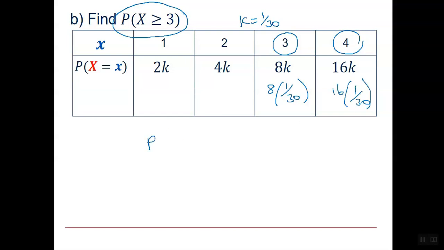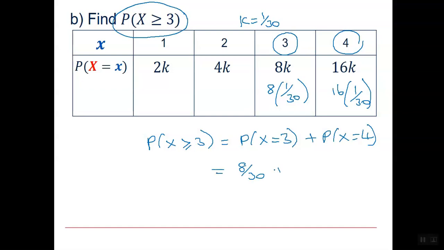In order to find the probability that x is greater than or equal to 3, we would need to add together the probability that x is 3 and the probability that x is 4, which would be 8 over 30 plus 16 over 30 to give a total of 24 over 30.